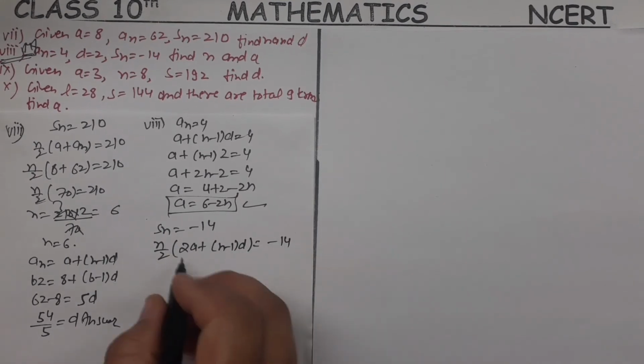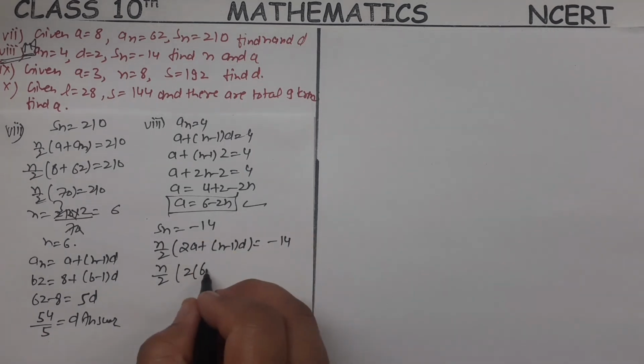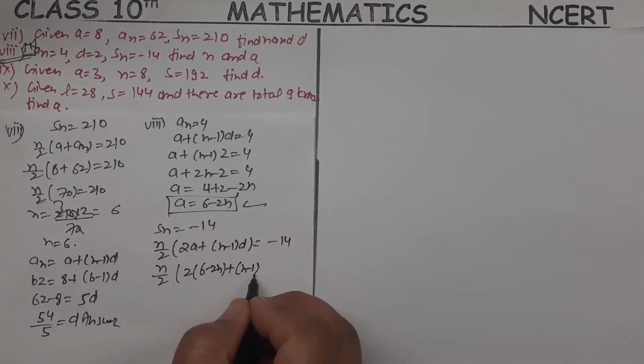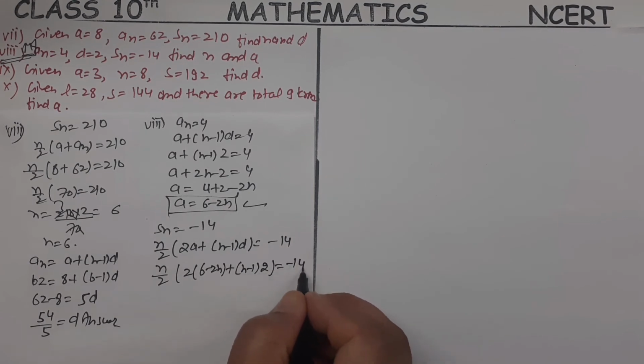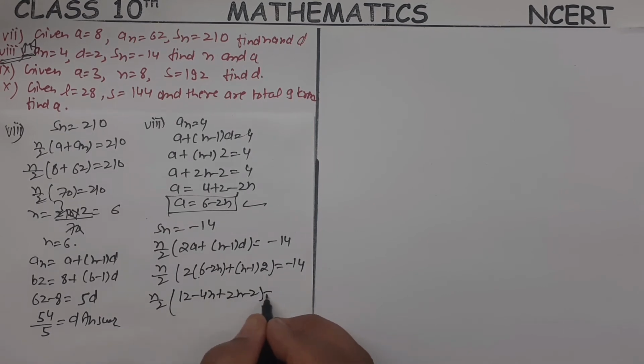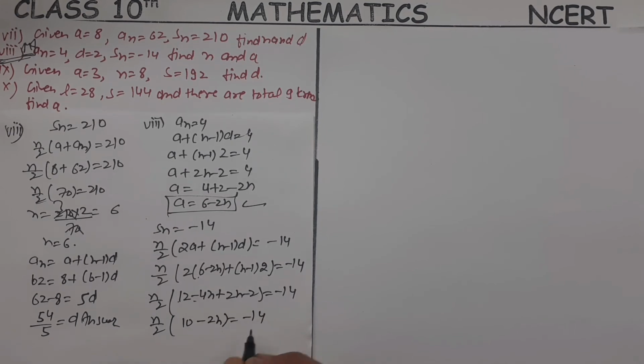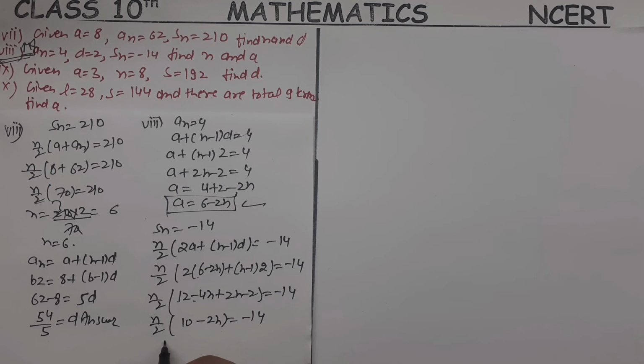Formula of S_n equals minus 14, n we have to find, 2a. a is 6 minus 2n, and same, d is 2, minus 14. 2 6s are 12, 2 2s are 4, 2n minus 2 equals minus 14, 12 minus 2 is 10, minus 4n plus 2n minus 2n, 10n minus 2n squared minus 28.